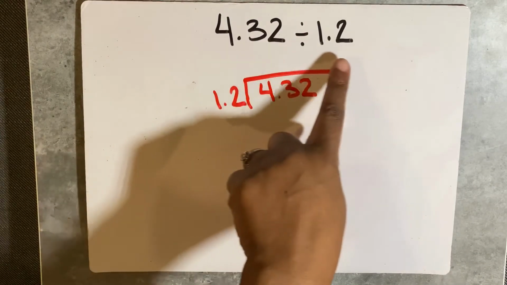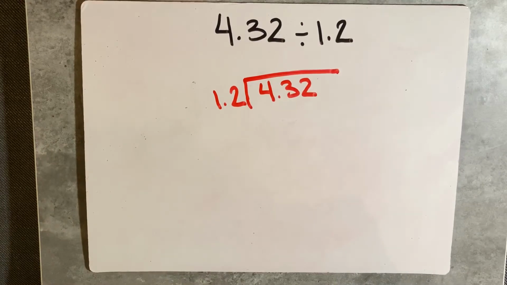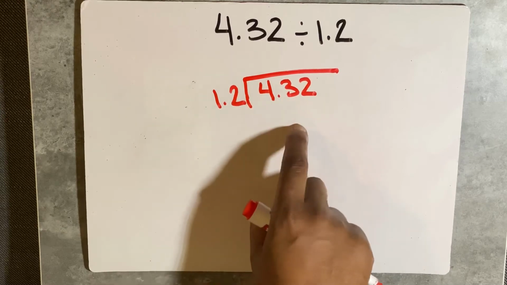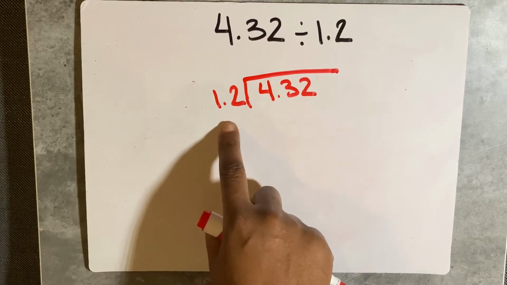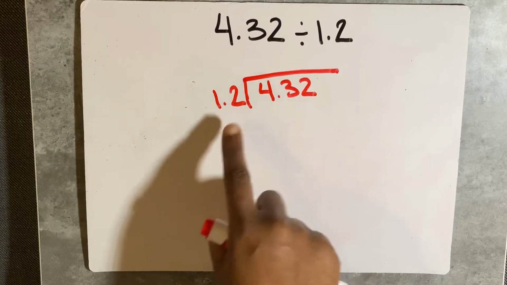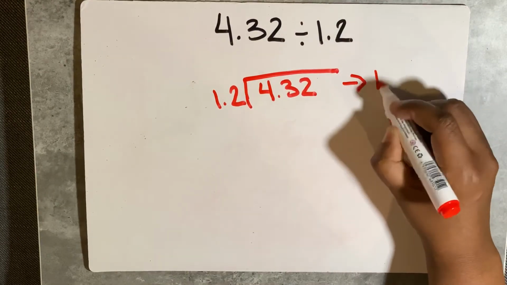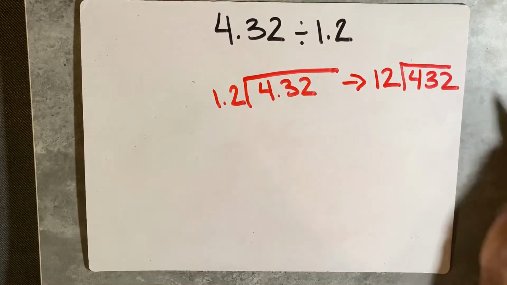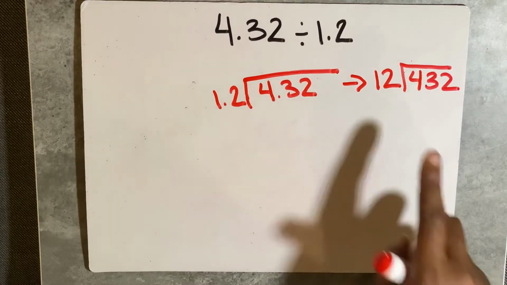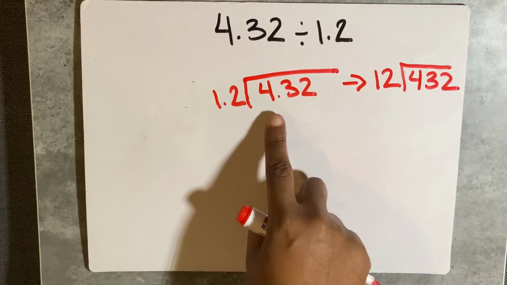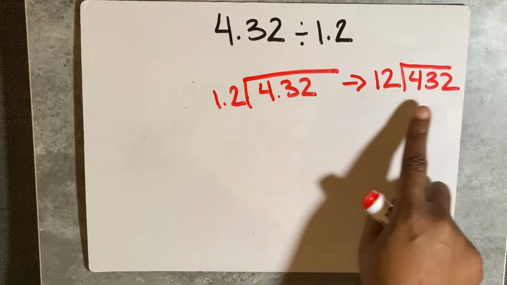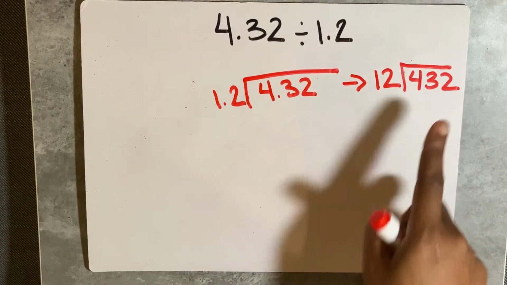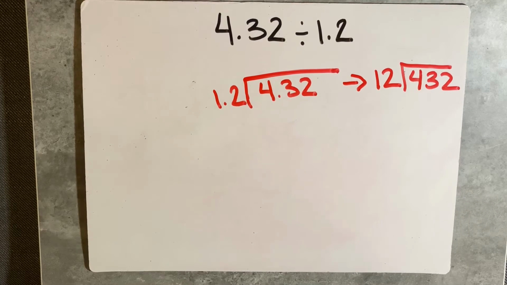First number in, second number out. So when you're dividing like this, you're going to ignore the decimal point. So it's almost like I'm doing 432 divided by 12. This is what we're looking at. We're still keeping the decimal, but we're going to pretend that we don't see the decimal so that we can just do our calculations and then add the decimal at the end.